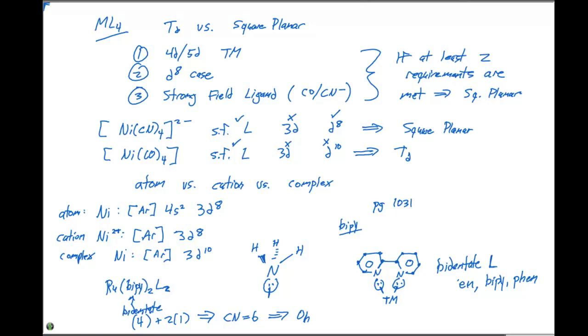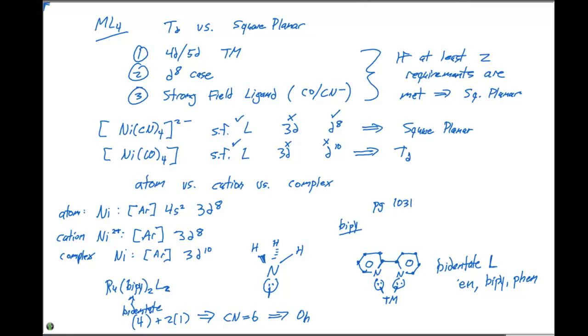There's even this ligand that we call EDTA, which is this big, huge molecule that actually has 6 parts of that molecule that will bind to the transition metal center. So if you have an EDTA ligand bind to a transition metal, it's going to give a coordination number of 6, even though we only have 1 of them. And there's a picture of that in chapter 24 of your textbook.